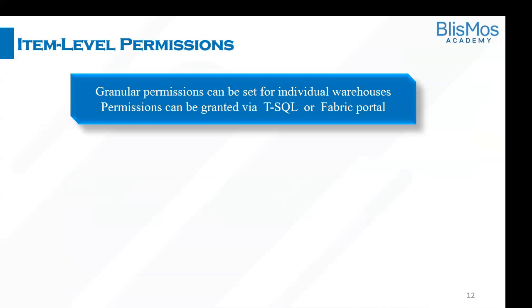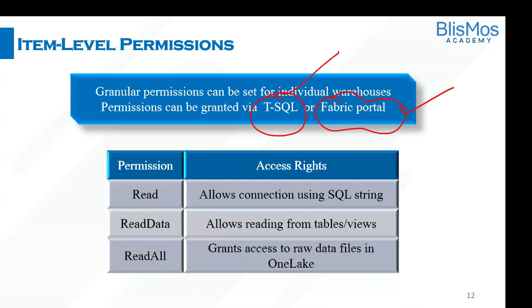So at an item level, we can give the item level permissions by using a Fabric portal or by using T-SQL. Okay, we can do both ways. So how do we do that? When I say permissions, we have three types of permissions. Read data, read all. Read allows the connection using the SQL string, allows the reading from the tables, and read all grants the access to read the data files in OneLake.